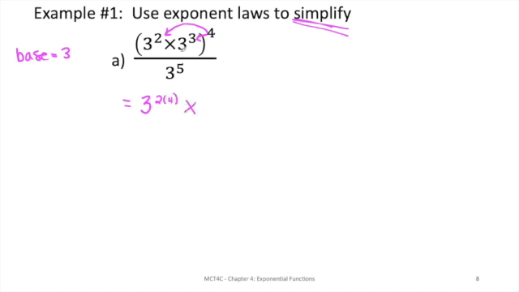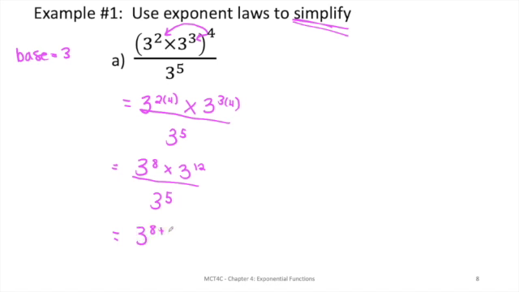Keep your multiplication sign, keep the base 3 here, and then again 3 times 4, all over 3 to the 5, okay. Then just simplify that, so you have 3 to the 8 times 3 to the 12, all over 3 to the 5, okay.